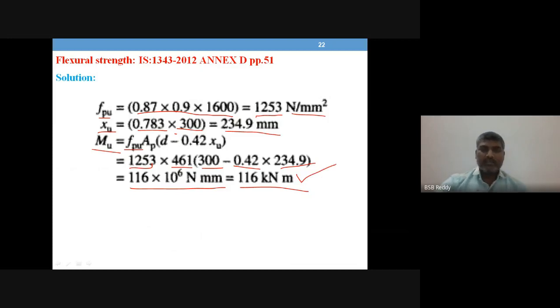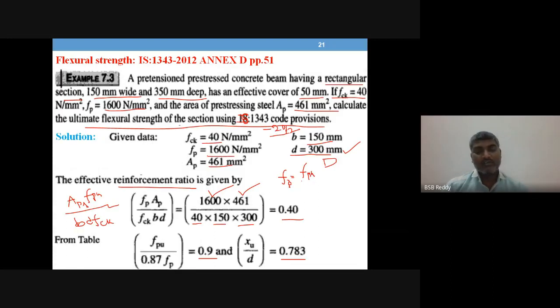This is how simply you can solve. It is only to calculate whatever is required, the effective reinforcement ratio, to be calculated from the IS code. Table 11 shall be read accordingly.